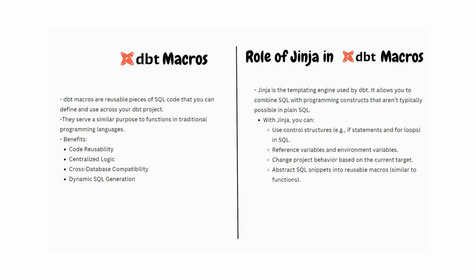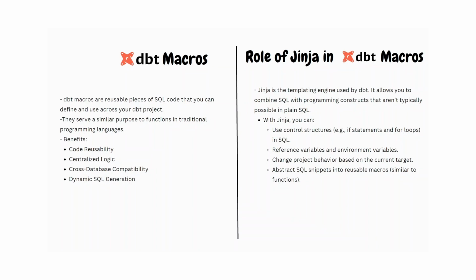The other benefit is cross-database compatibility. Macros can be used across different databases. For example, in our case, we are connecting with BigQuery, but it could connect with Snowflake, Redshift, Postgres, and those kinds of databases. If we write a macro for one, it can be used with the different databases.